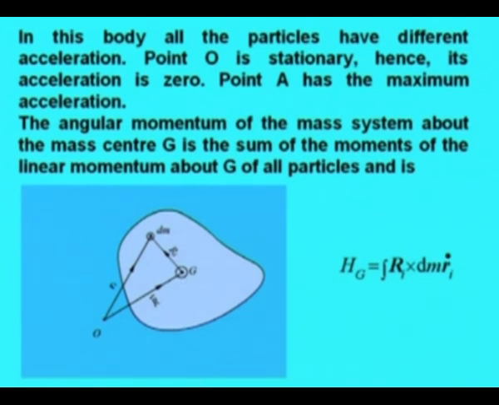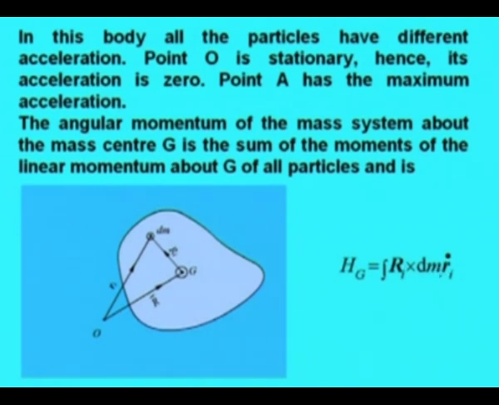This distance OG is r bar, and from G to dm I have denoted by capital Ri, and small ri is the absolute displacement vector of dm with respect to O. So you get Hg is equal to the integral of Ri cross dm ri dot. This is the angular momentum about the mass center G.